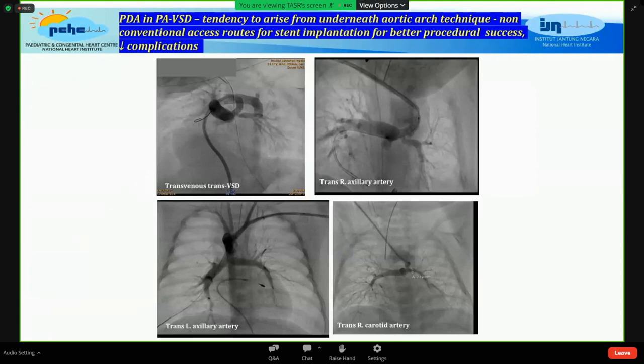With good images, you can plan your PDA stenting procedure, either by transvenous approach from the VSD, or right transaxillary approach, or left transaxillary approach. It can also be a hybrid procedure with your surgical colleague for the carotid approach.